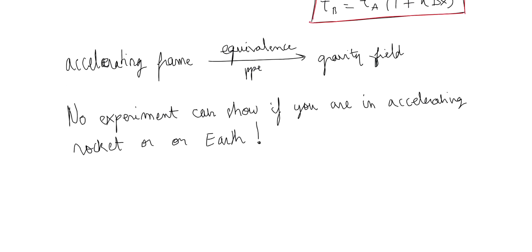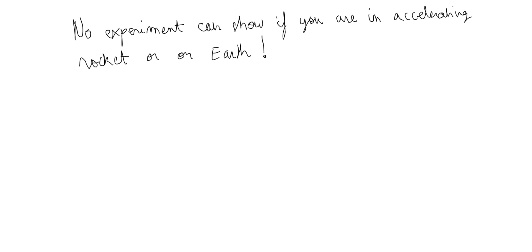the equivalence principle tells you that a laboratory on Earth, this is Earth, you are in the laboratory on Earth, you are experiencing the gravity acceleration, g, which helps you to stand on your feet. If there was no acceleration towards the ground, you would just sort of float in the air.